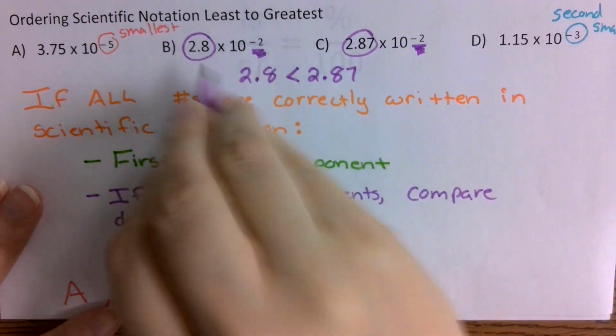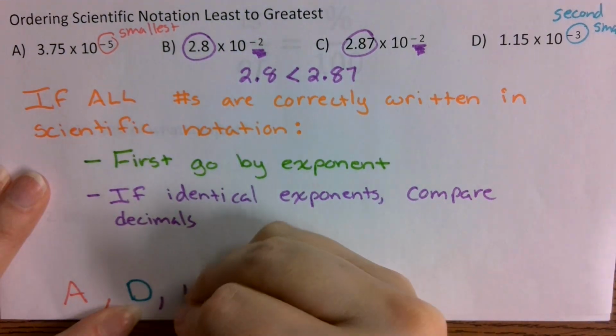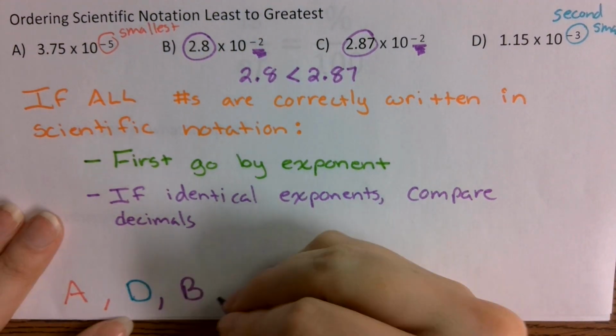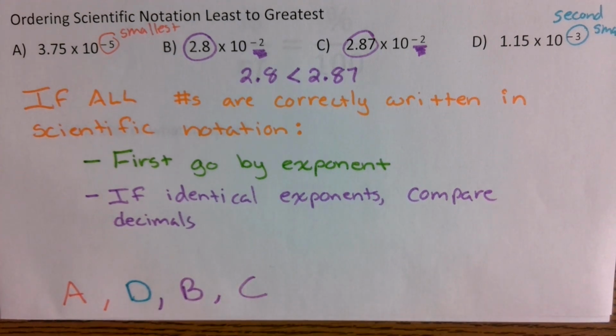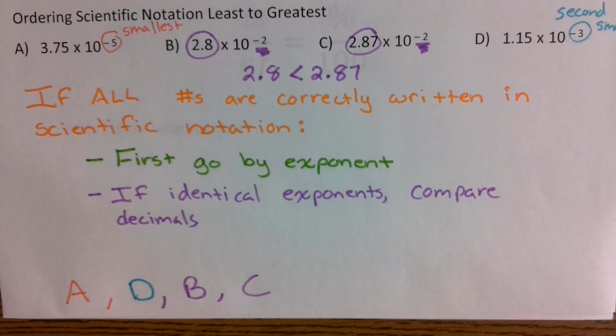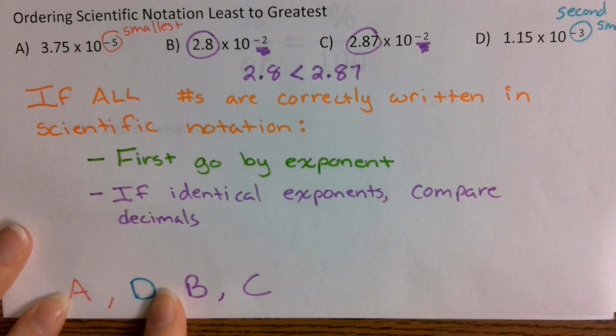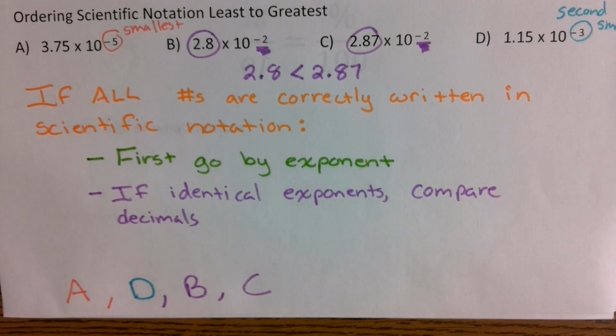So that means that B is smaller than C. And there's your order from least to greatest: value A, value D, value B, value C. You compare in scientific notation mode. If they're all in scientific notation mode, you focus first on the exponents. Then if you have identical exponents, you focus on the decimal.